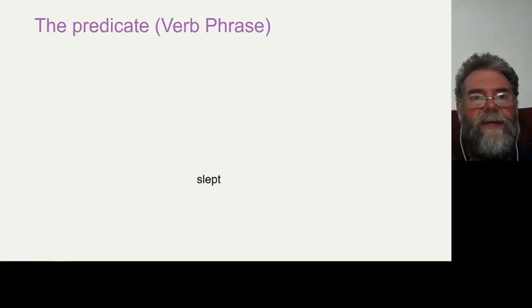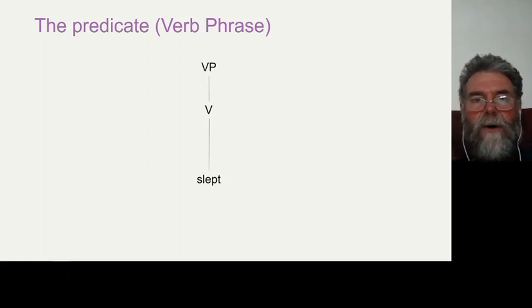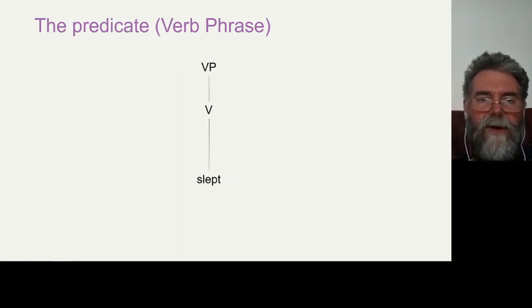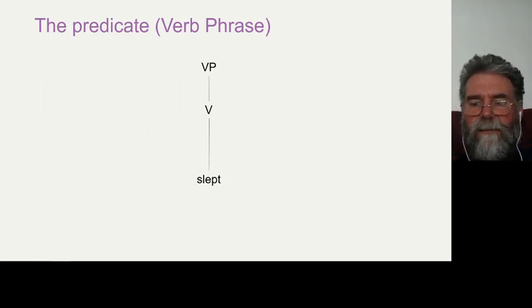Let's have a look at the verb phrase then. Again, just like we saw with the noun, the verb phrase can consist of just a verb. So there's a verb position for verbs to go in, and that's all you need for a verb phrase in most sentences. So slept is a possible verb phrase as well as a verb. The verb phrase can consist of one or more words.